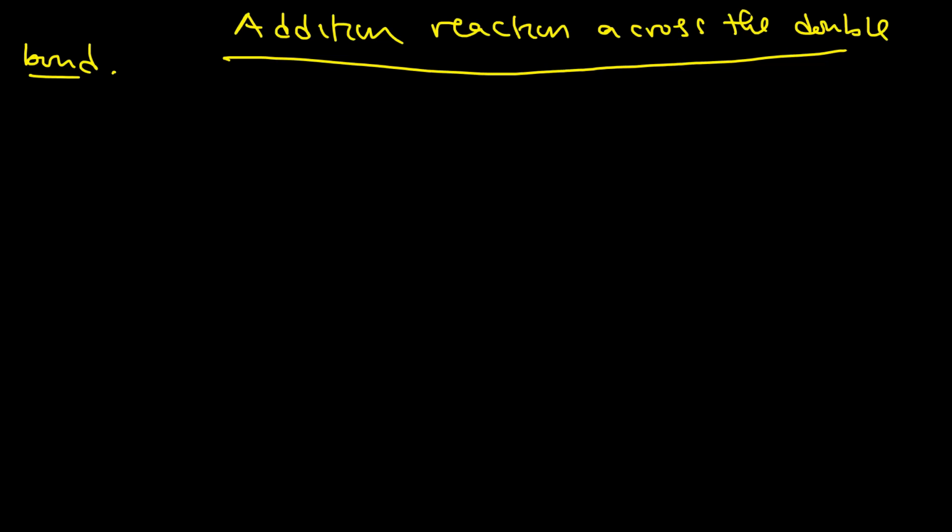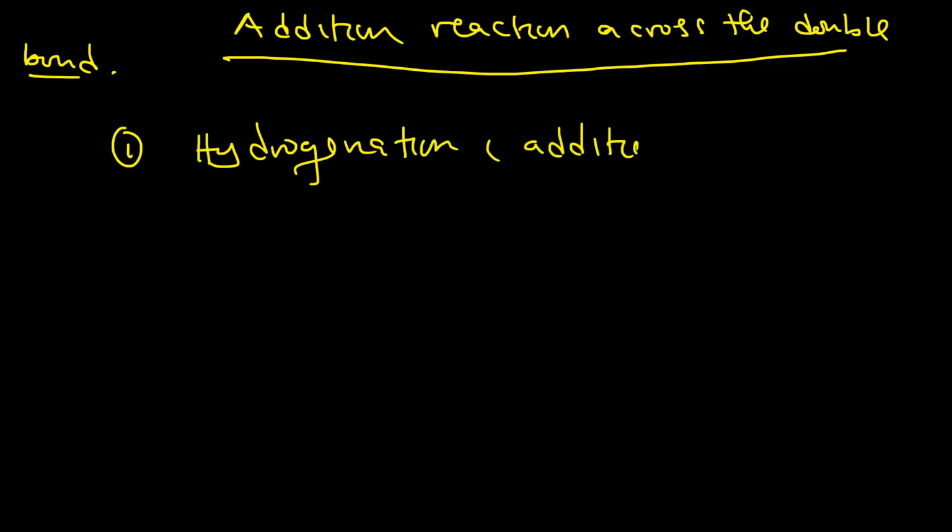So the first type of addition reaction that these undergo is called hydrogenation. Hydrogenation, in other words, is just the addition of hydrogen. Coming from the general formula, we know that alkenes lack 2 hydrogens compared to alkanes.